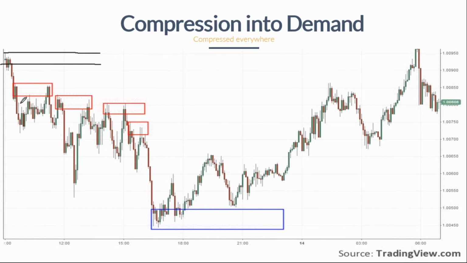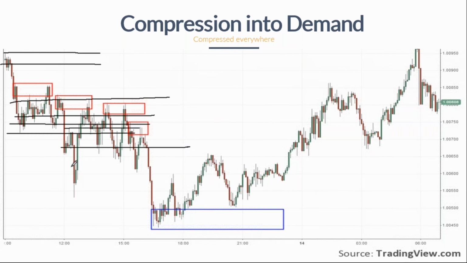This is a base candle. This one, this is a base candle. Just keep marking all base candles. You will come to know that it's all one below the other, one below the other. When it is like that, when price goes back, it will go and destroy that region very soon.